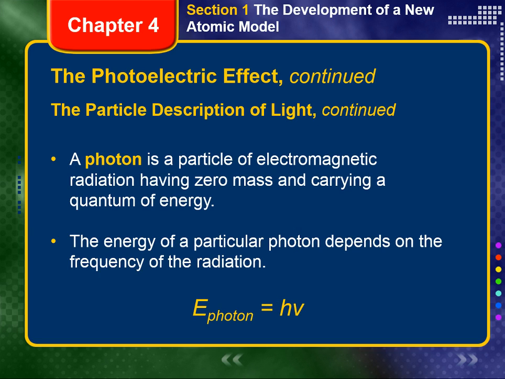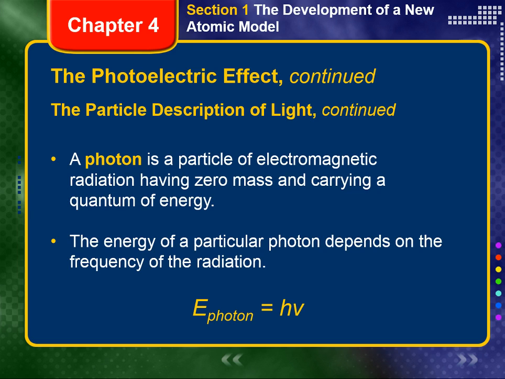In 1905, Albert Einstein expanded on Planck's theory by introducing the radical idea that electromagnetic radiation has a dual wave-particle nature. While light exhibits many wave-like properties, it can also be thought of as a stream of particles. Each particle of light carries a quantum of energy.